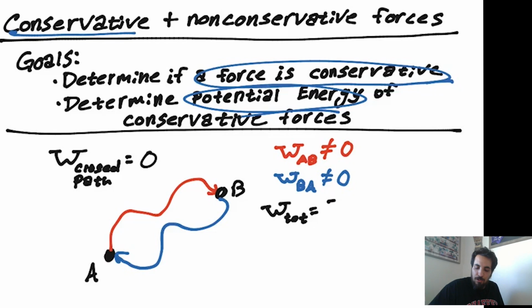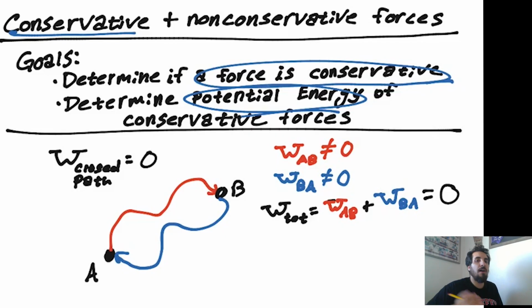The total work done is going to be the work done from A to B, plus the work done from B to A. And if the force is a conservative force, and only if the force is a conservative force, do we get that the work done is 0. If it is a non-conservative force, then it will have some value, and I'll show you an example of that shortly.